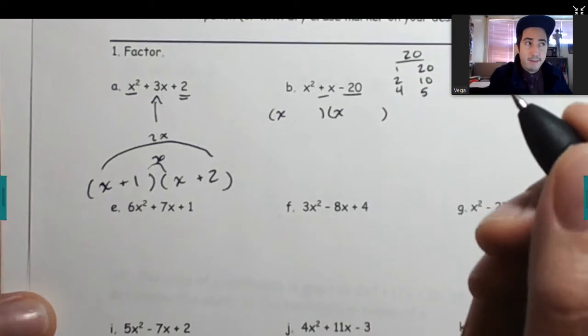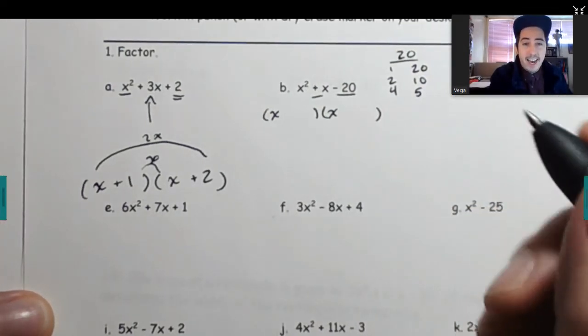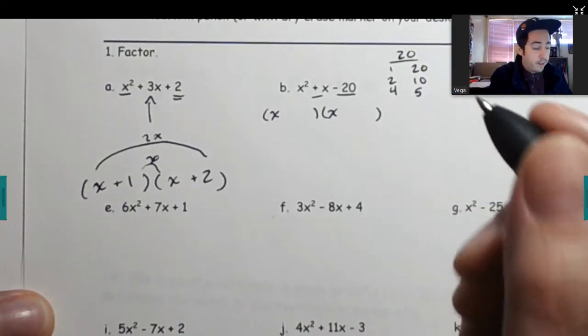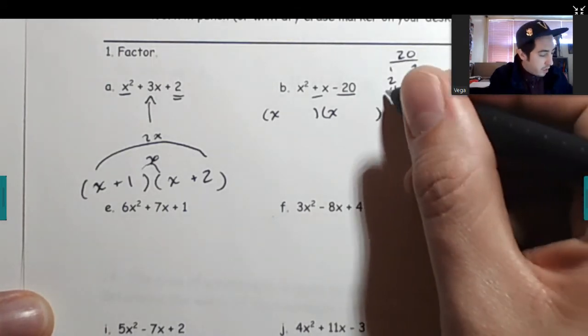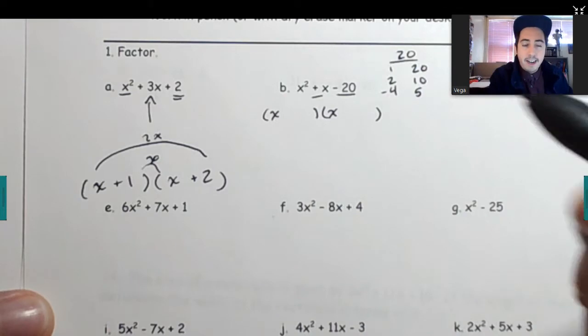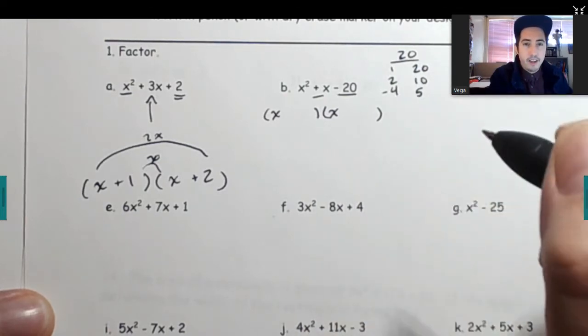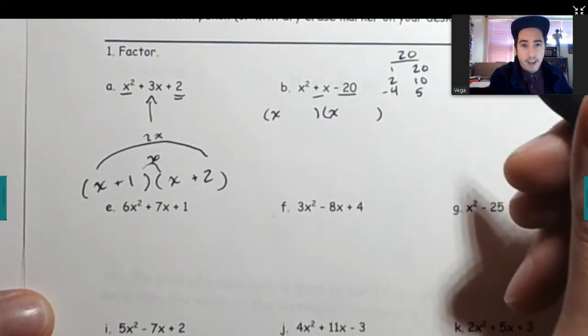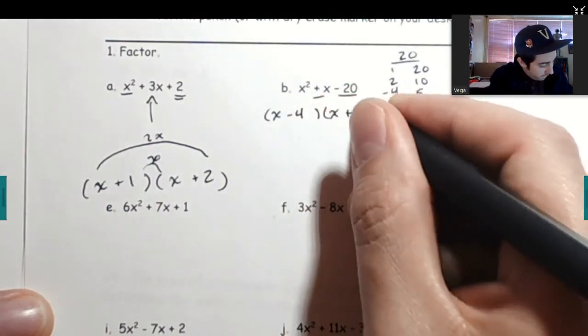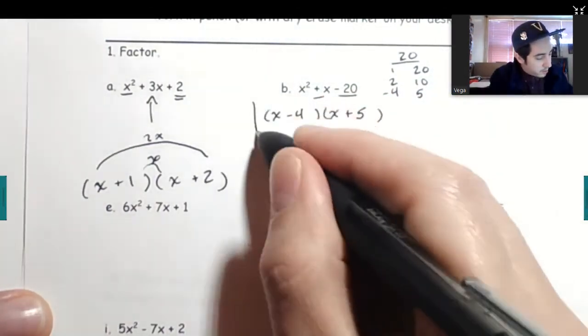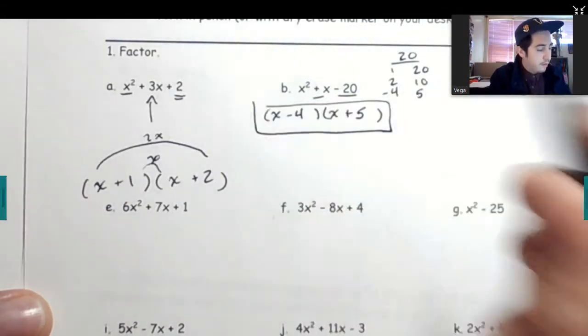So two numbers that multiply to negative 20 and add up to positive 1. If you look at these numbers, you would think, oh, negative 4 and 5. Negative 4 times 5 is negative 20. And negative 4 plus 5 is positive 1. So there's your answer. X minus 4 times x plus 5.